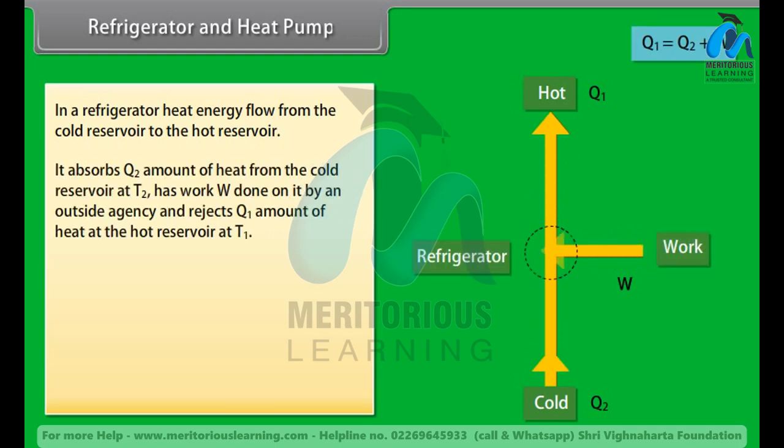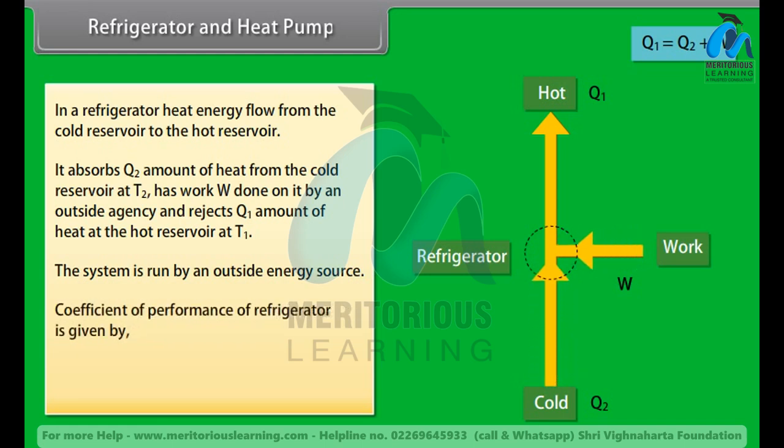It absorbs Q2 amount of heat from the cold reservoir at T2, has work W done on it by an outside agency, and rejects Q1 amount of heat at the hot reservoir at T1. This system is run by an outside energy source. Coefficient of performance of refrigerator is given by alpha = Q2/(Q1 - Q2).